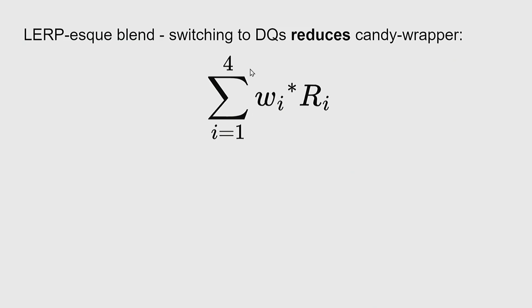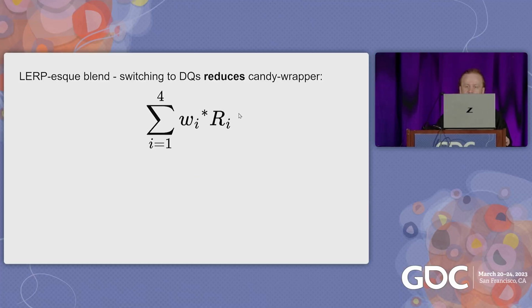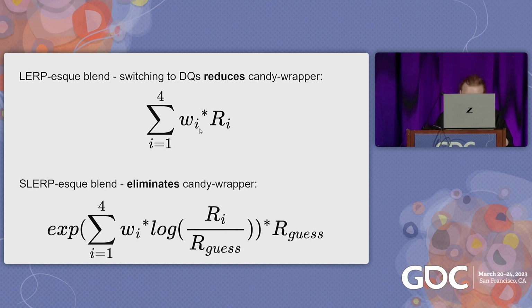There's one way of blending with dual quaternions, which reduces the candy wrapper effect in comparison with 4x4 matrices, which is where you just take your 4 quaternions and you multiply them by the weight, and then you just add all of those together. No biggie. But this doesn't completely get rid of the candy wrapper effect. But it is very fast, because you're adding 8 floats instead of 16 floats for a 4x4 matrix. So it's pretty nice.